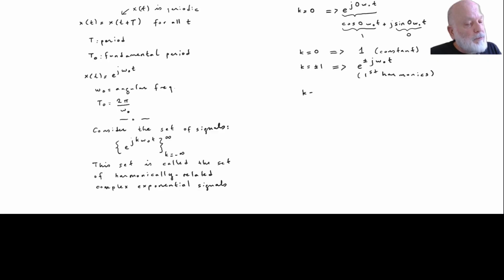For k equal to plus minus 2, we have e to plus minus j 2 omega 0 t. Now these are called the second harmonics, etc. So we have the higher order harmonics as, for example, k equal to plus minus 3 will give us the third harmonics and so on.